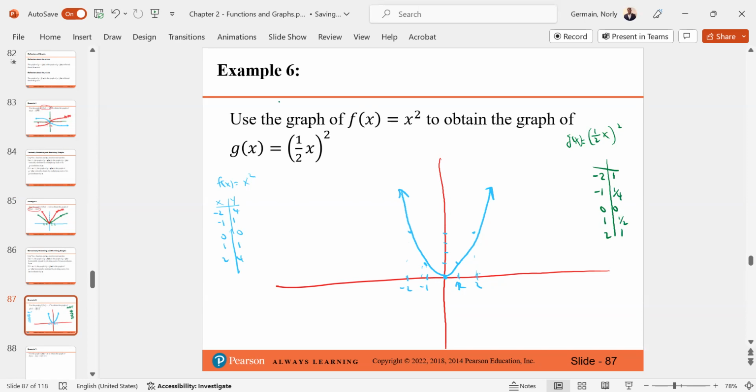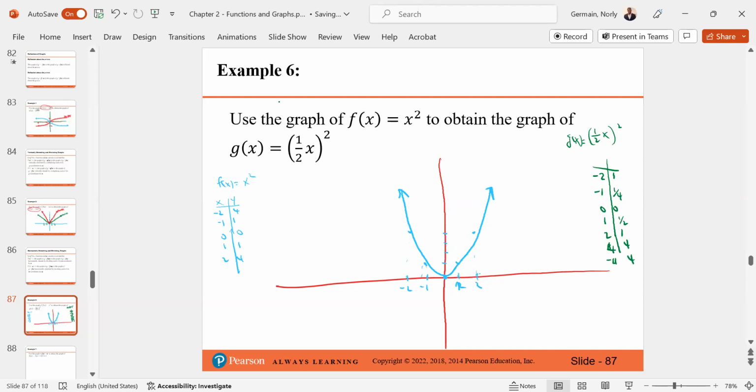If you want, we can even add 4. If x is 4, 4 squared is 16, and half of that is 8. Negative 4 would give you the same.